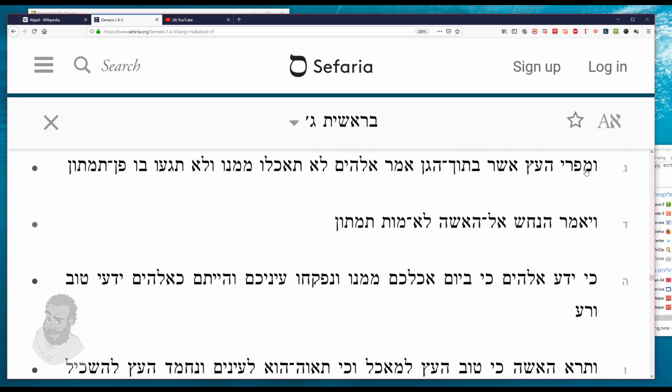And mi peri ha'es asher besoch hagan, and from the fruit of the tree which besoch means in the midst or in. When you take away the beth, it's tok or tawek. Tawek is the root, tok is inside, or into.